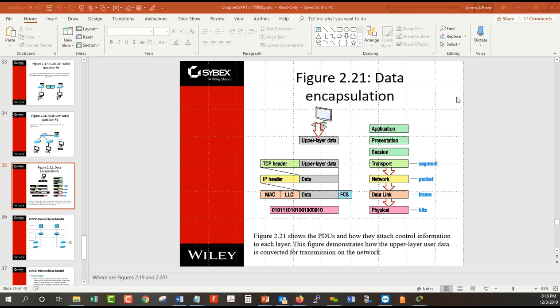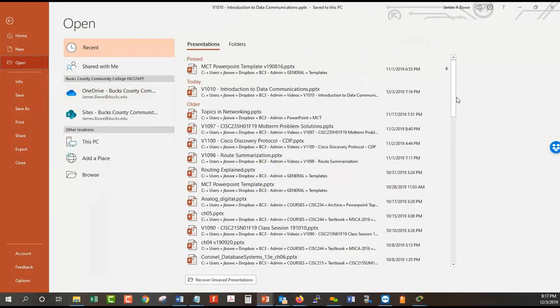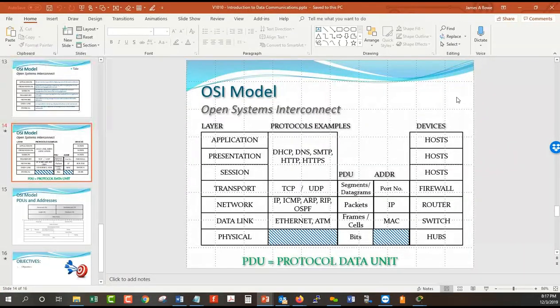And again, let me find my other diagram. This is really what you want to review, because this kind of puts it all together. It talks about all of the different layers.